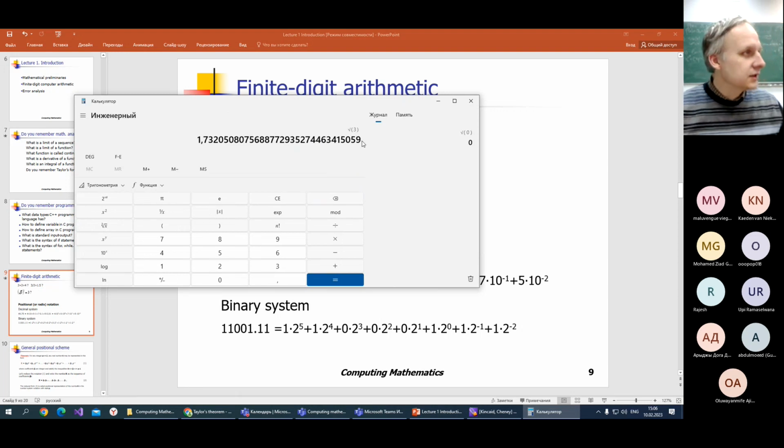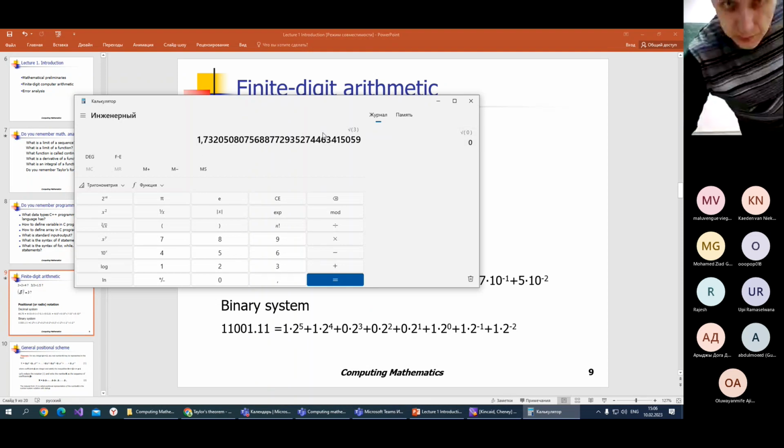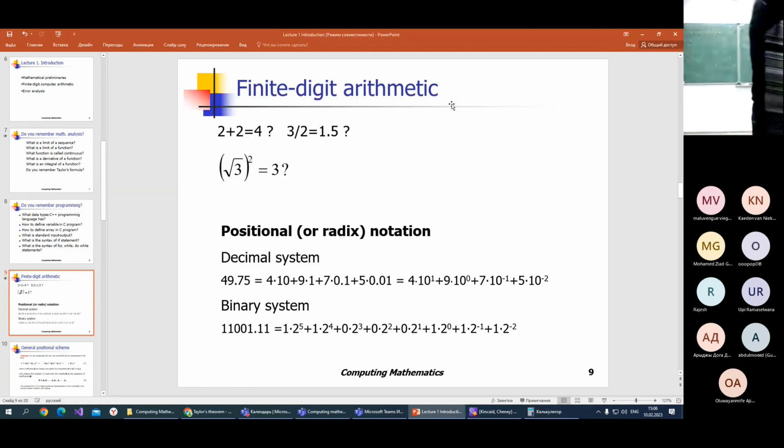Square root of 3 has an endless number of digits. And the exact answer, square root of 3 raised in square, gives us 3 only if we take infinitely many numbers after the decimal point.